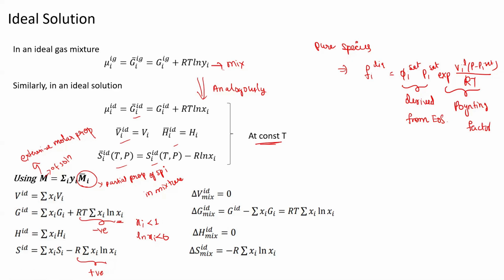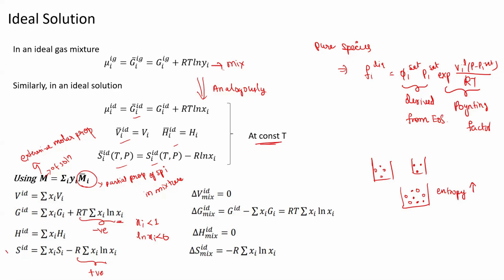So when we mix two different components, for example, these, when we mix them, we can say that entropy increases.